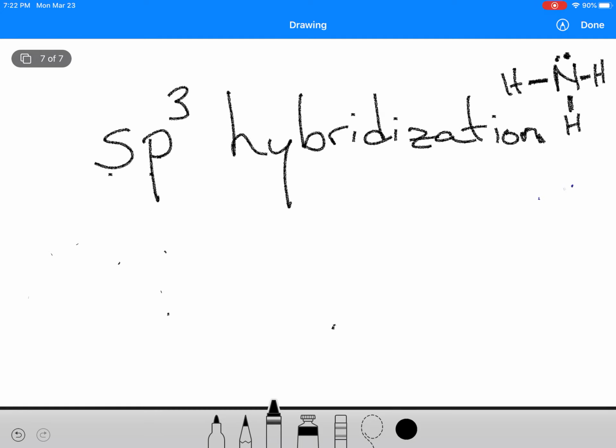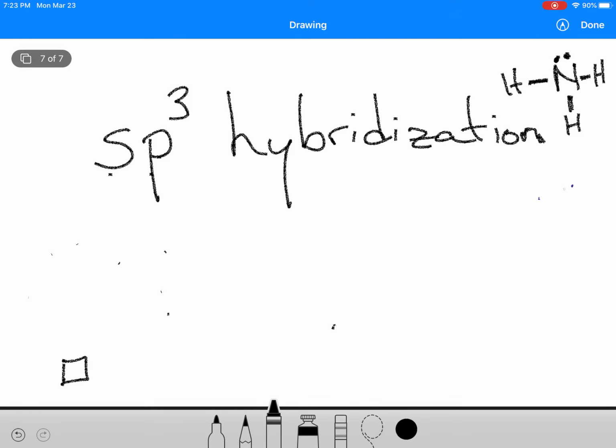So, in fact, we learned the bond angles by knowing that the bond angles for tetrahedral molecules are 109.5 degrees. The bond angles for this molecule are a little less than 109.5 because these lone pairs push them closer than they would like to be. Okay, this is also sp3 hybridized.